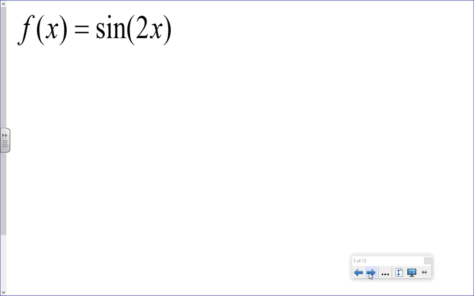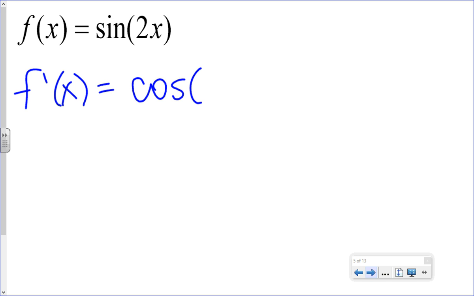Okay, notice how 2x is inside of our sine function. So when we take the derivative, what is our outside function? Sine. Derivative of sine is cosine.